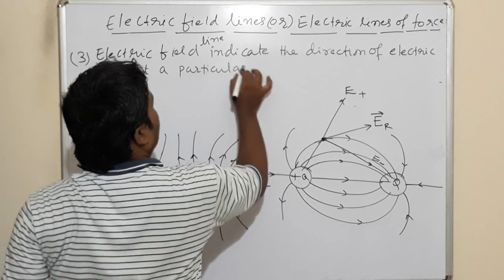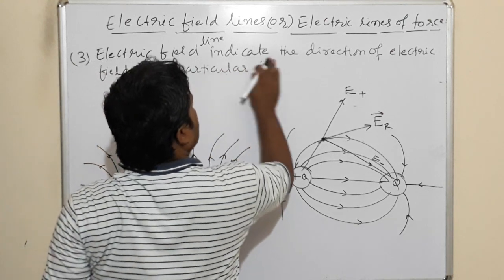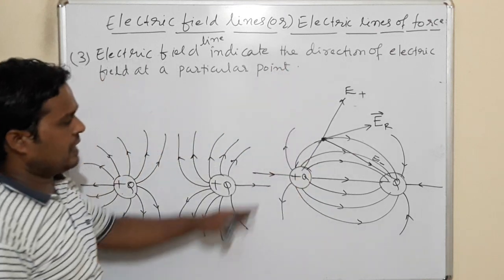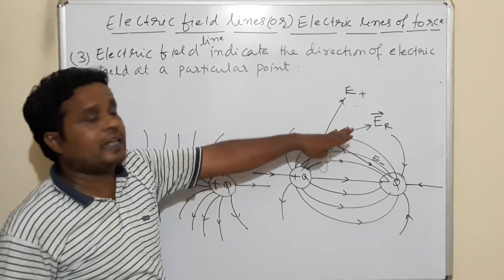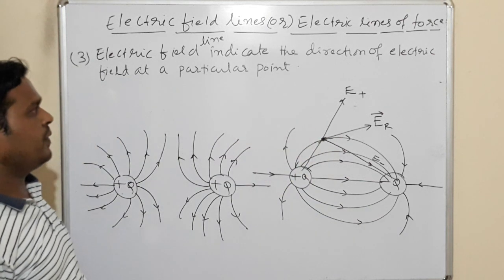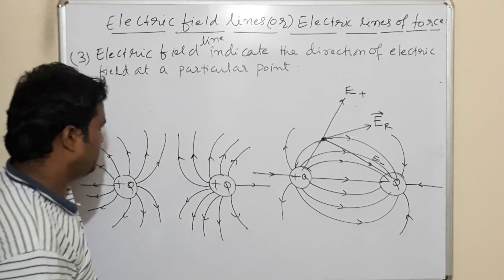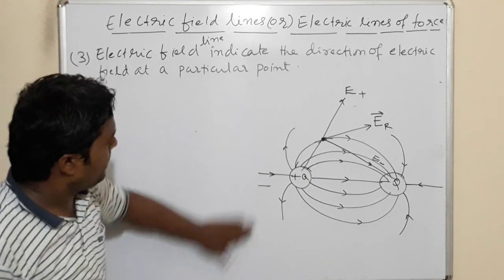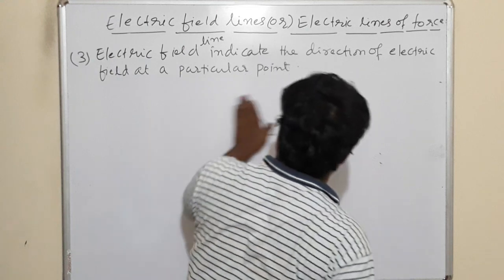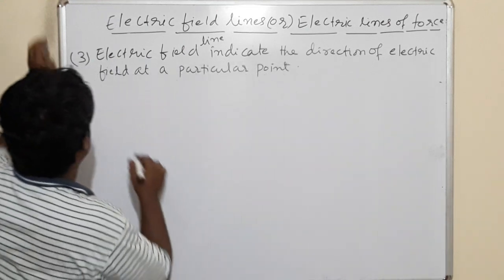If it is a straight line, then it directly shows the direction. If it is a curved path, then the tangent drawn to the curved path at that point indicates the resultant field direction. Okay? Property number 3: electric field lines indicate the direction of electric field.